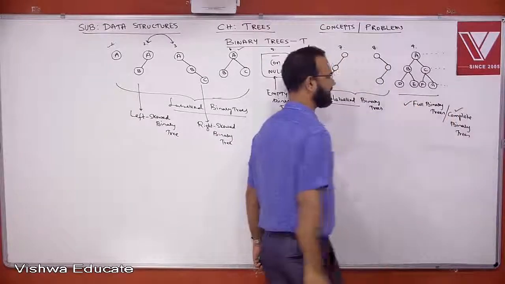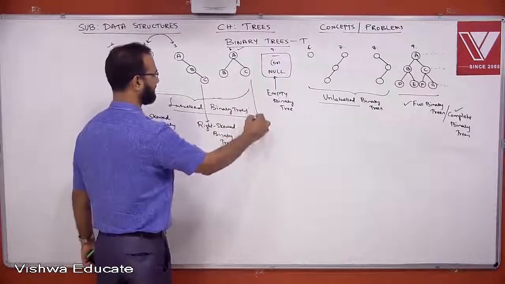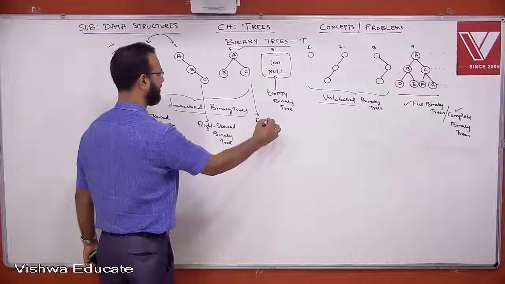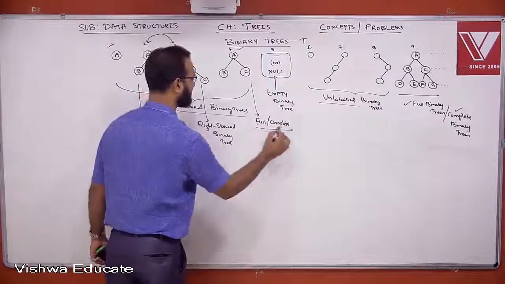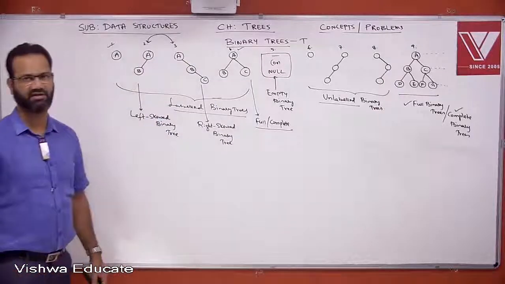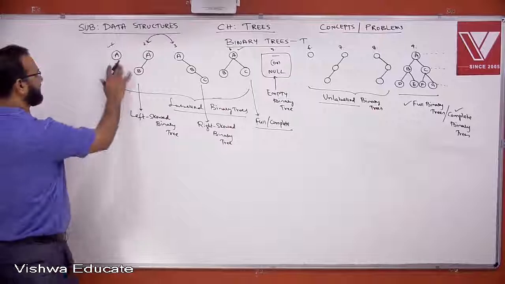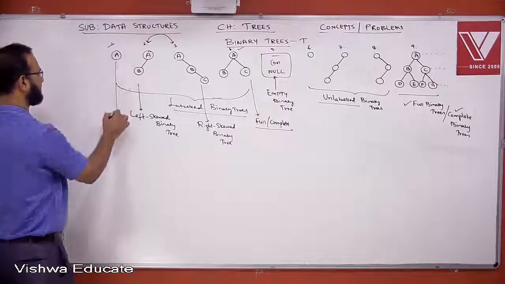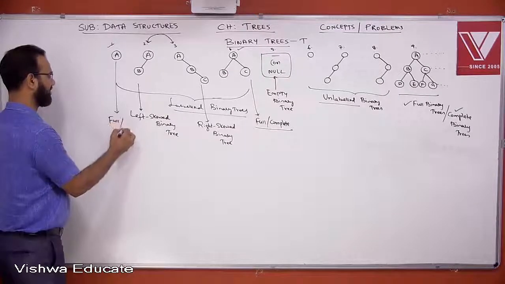Full as well as complete, I am saying. This also applies the same. This is also full or complete. Then what is the basic difference between full and complete binary trees? Coming to this particular part, what type of tree is this? Again the same, it is full or complete.